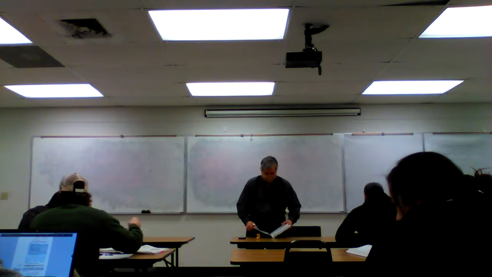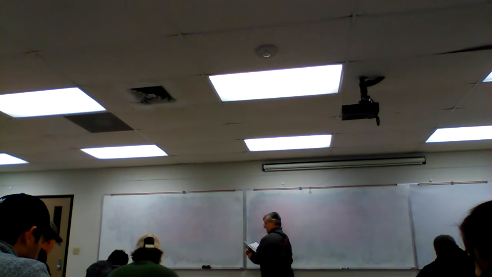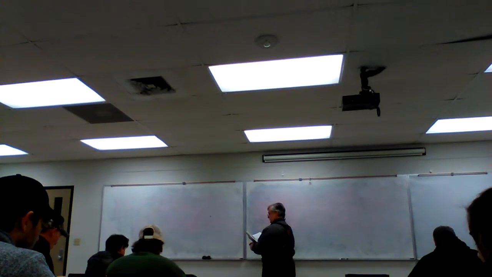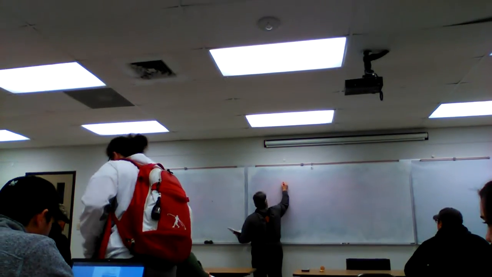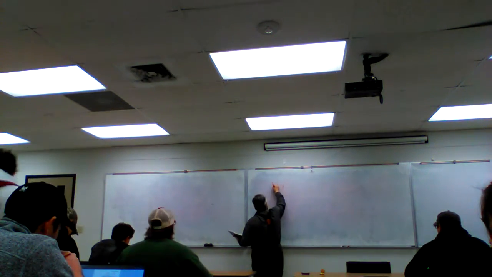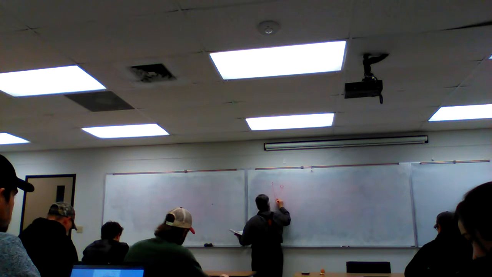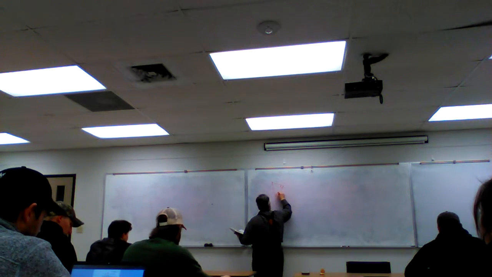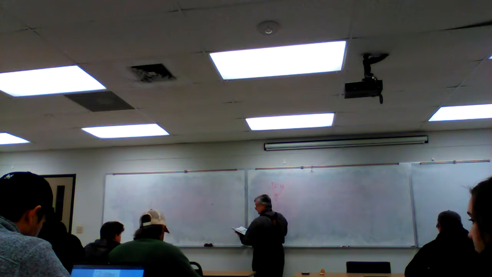Now, let's take this. We're given the smaller triangle is a right triangle, 30 degrees, 60 degrees.